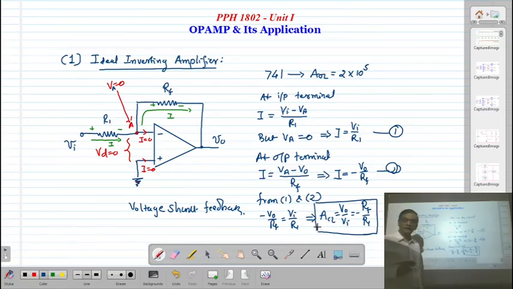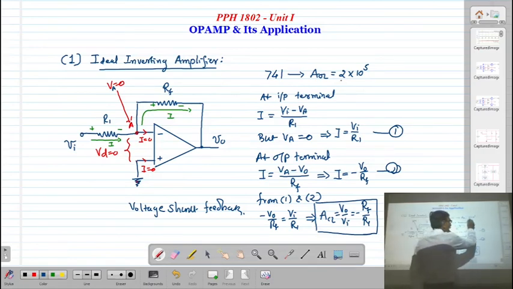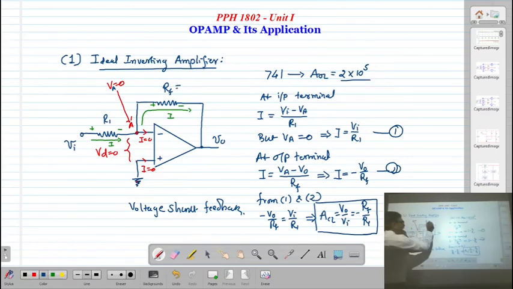So by changing the value of RF or R1, you can control the gain of the amplifier. Here the open loop gain is 2 lakhs. But now suppose my RF is 10 kilo ohm and R1 is 1 kilo ohm, then in that case ACL is equal to minus 10k divided by 1k, I will get minus 10.